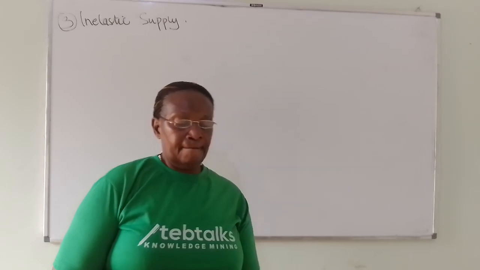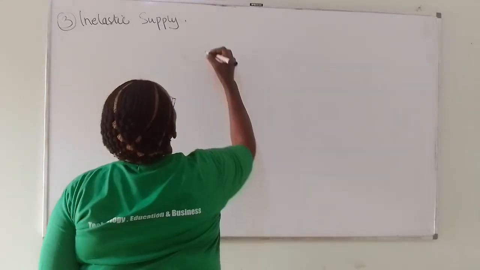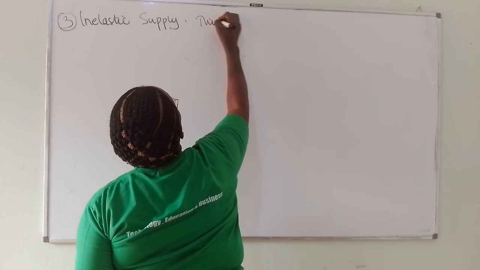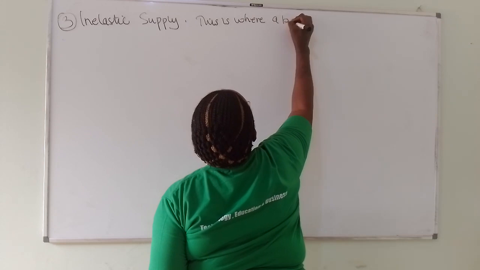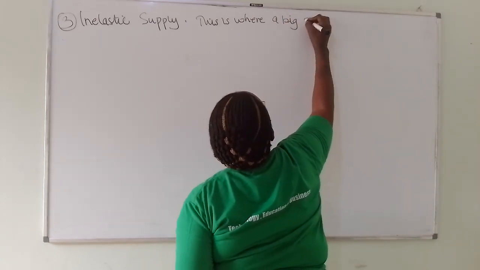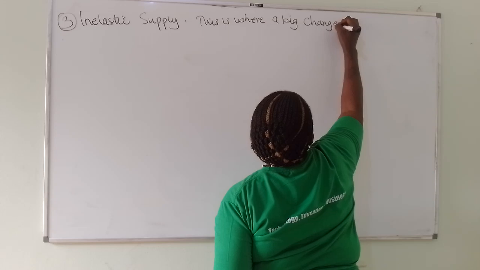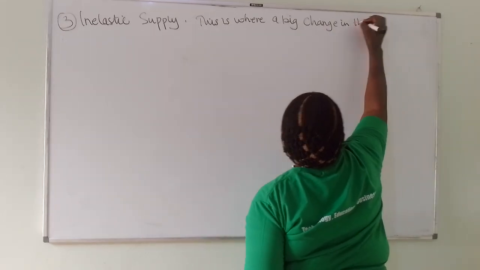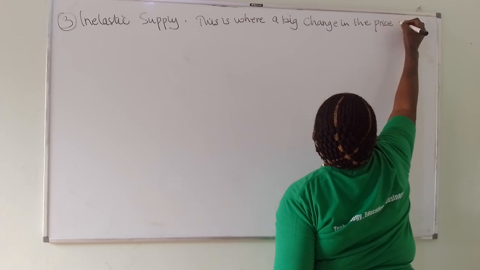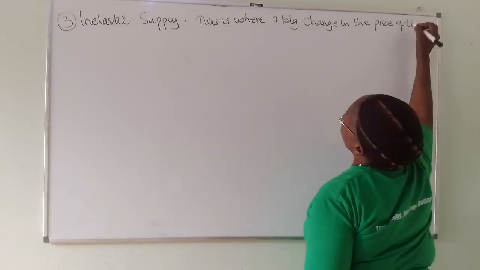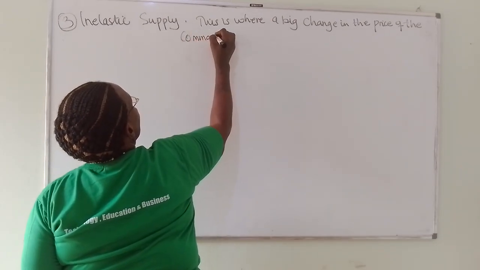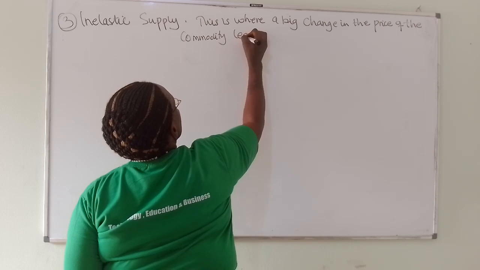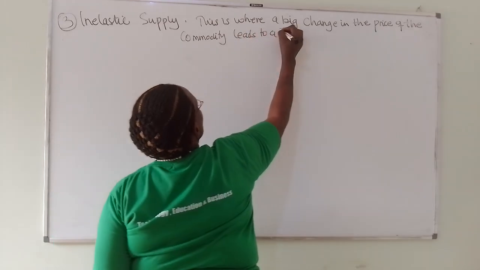When do we find that supply is now inelastic? This is where a big change in the price of the commodity leads to a small change.